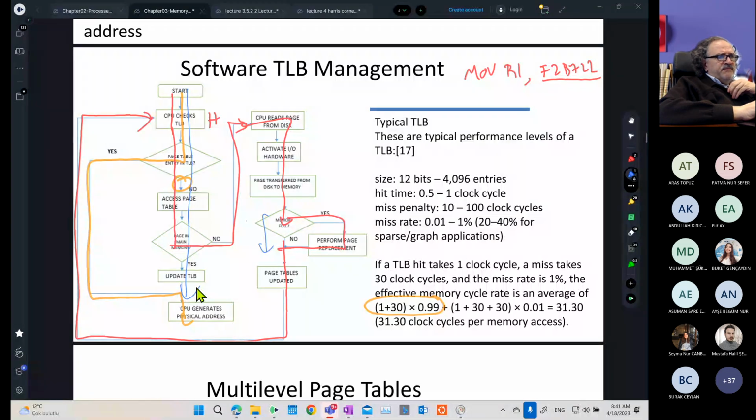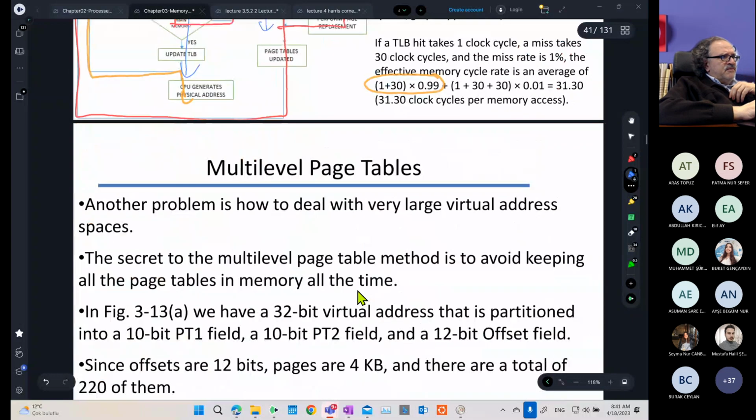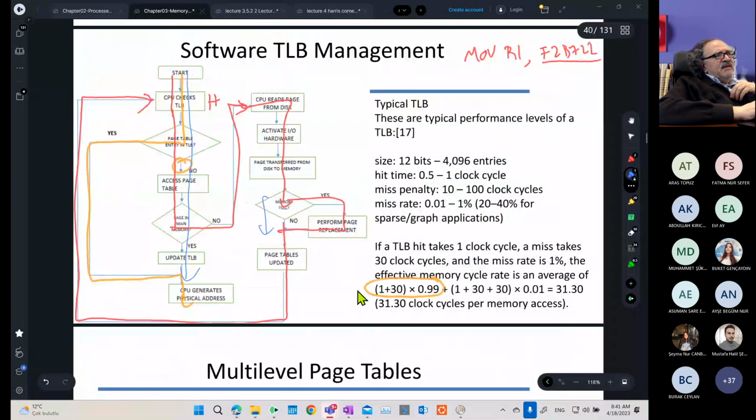Okay, so we talked about those. And we said that TLB solves lots of these problems. Remember, page tables cannot fit in the memory. The page tables cannot fit in the TLB. So I have to keep only a small part of it in the MMU. Rest of them will stay in the CPU, memory.